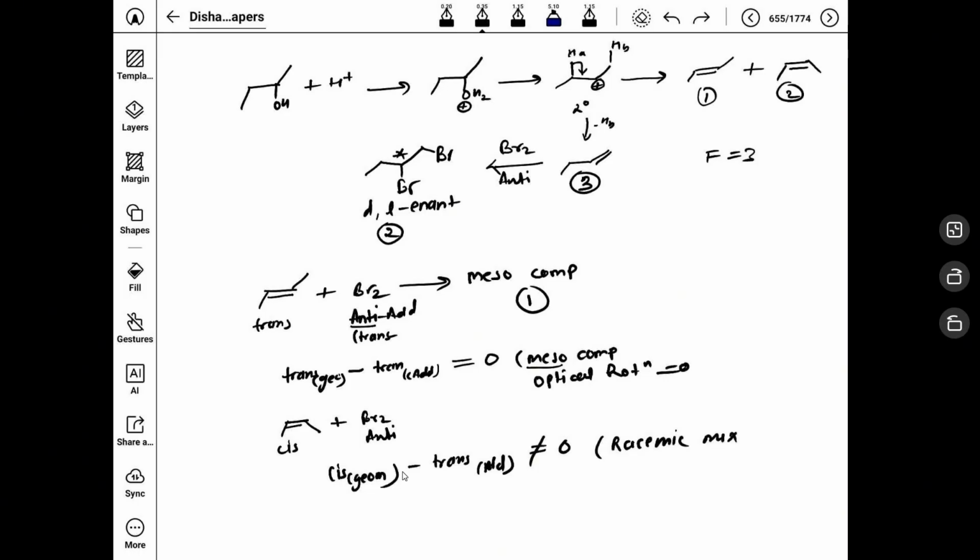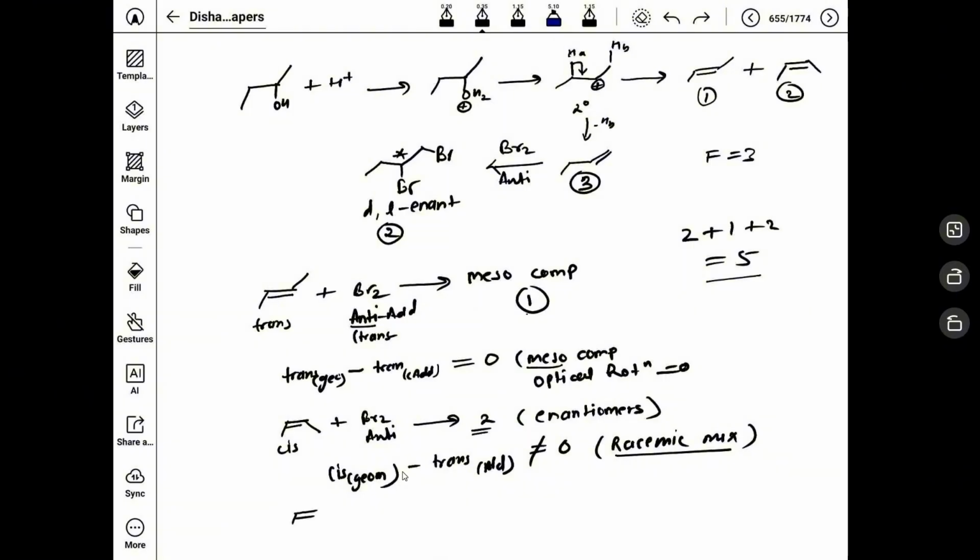So how much compound you will get? 2. Racemic mixture means enantiomers. You will get in this case also enantiomers. So 2 from this, 2 1 2, so total 5. 2 plus 1 plus 2 is equal to 5. So you will get total 5 products in this way.